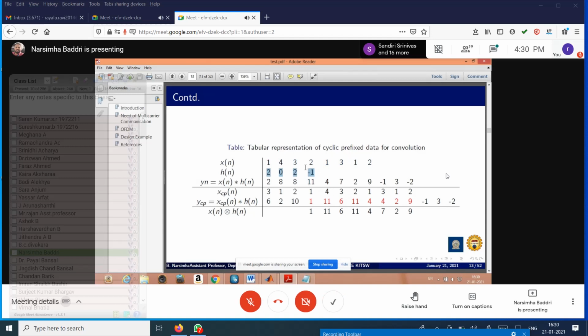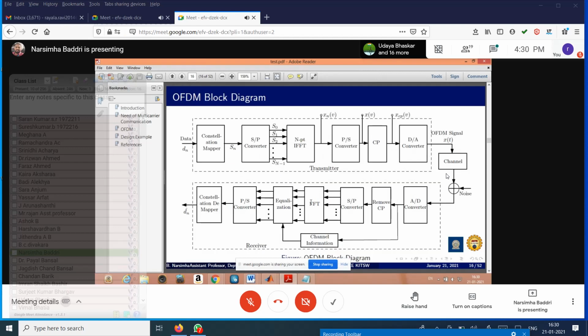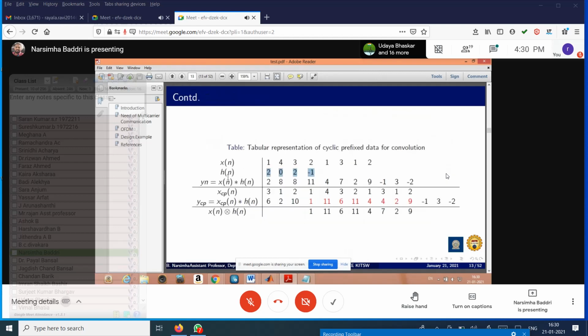If it is a circular convolution in the time domain, automatically in the frequency domain it is simple multiplication, x of k into h of k. So when it is multiplication in the frequency domain, each and every sample will be affected only by the frequency response of your filter at that kth location.